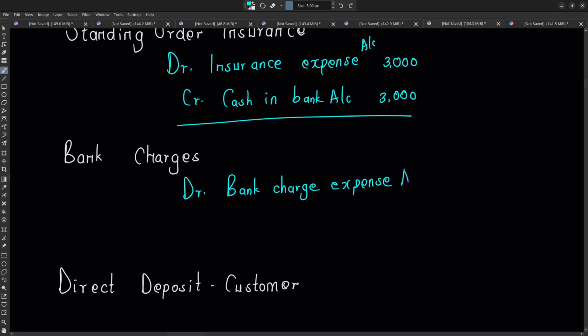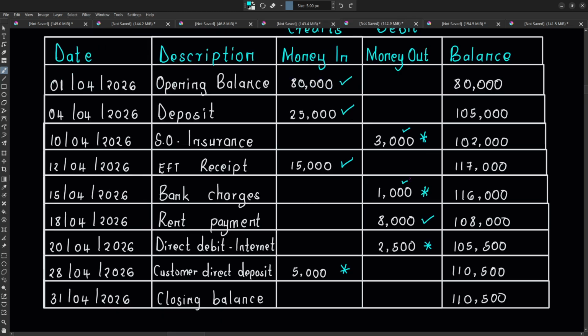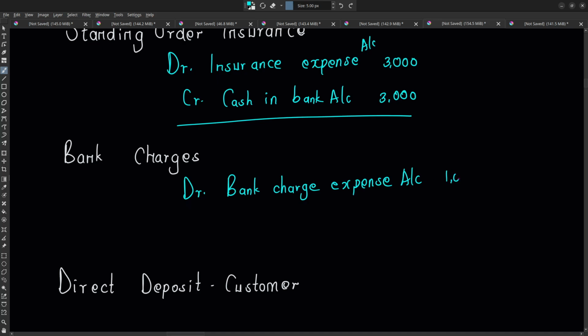So here we are just debiting an amount of, what is the amount? Sorry, on the bank statement it is 1,000. And then we credit cash in bank account an amount of 1,000.